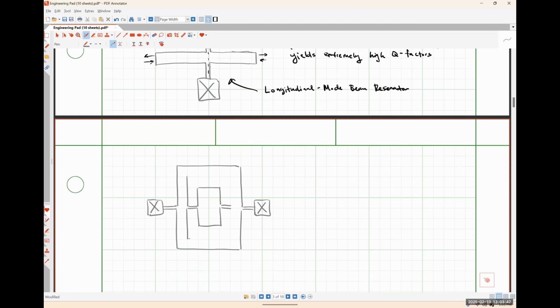Like so. So that essentially our inner resonator is decoupled from the anchor by a second outer resonator.